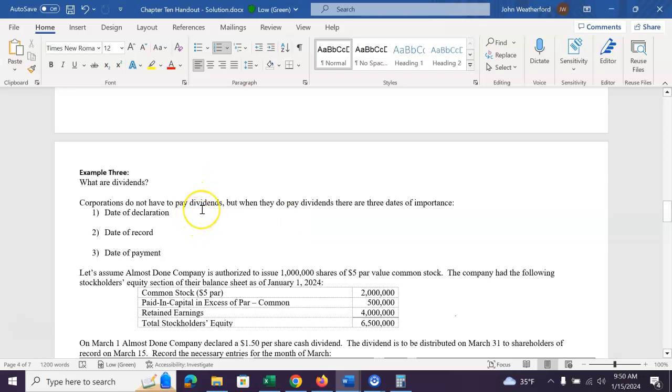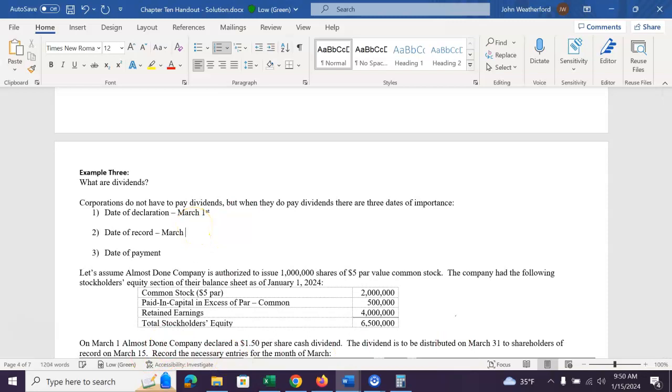Our date of declaration was March 1st, the day they declared the dividend. The date of record: the dividend is to be distributed on the 31st to shareholders of record on the 15th.